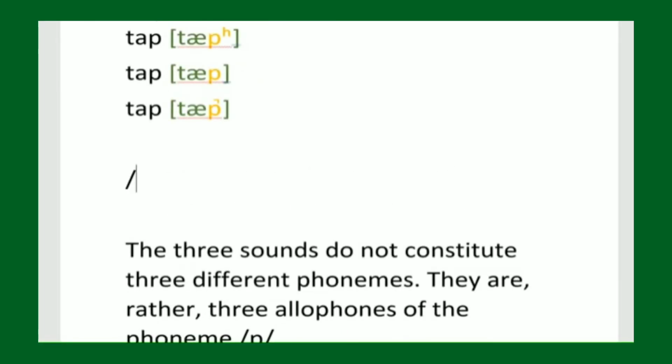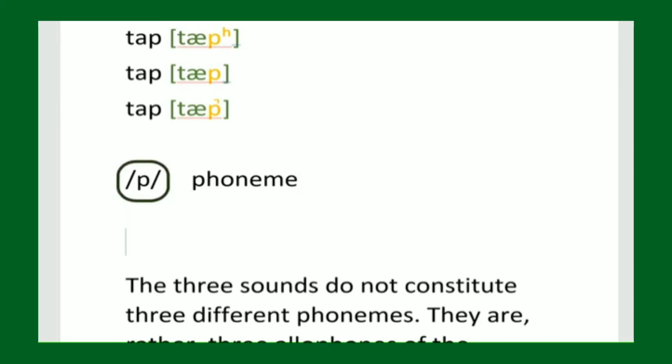Here, I introduced this notation, slash instead of square brackets, right? So this slash is for phonemic transcription, for transcribing phonemes. So this one potentially could be three different allophones. So this is only a mental reality. Once it's pronounced, it could be this, it could be this, or it could be this.